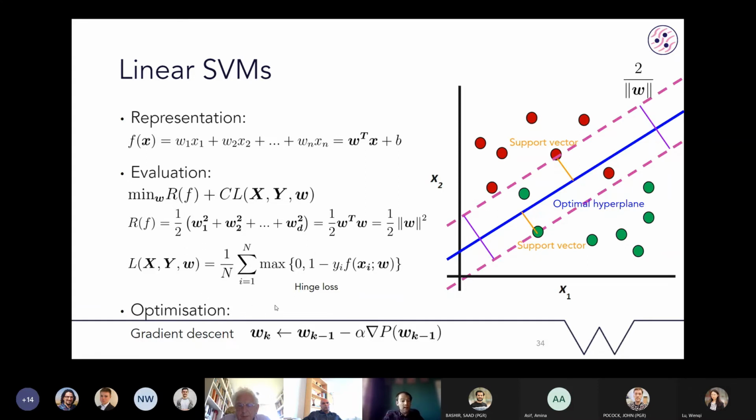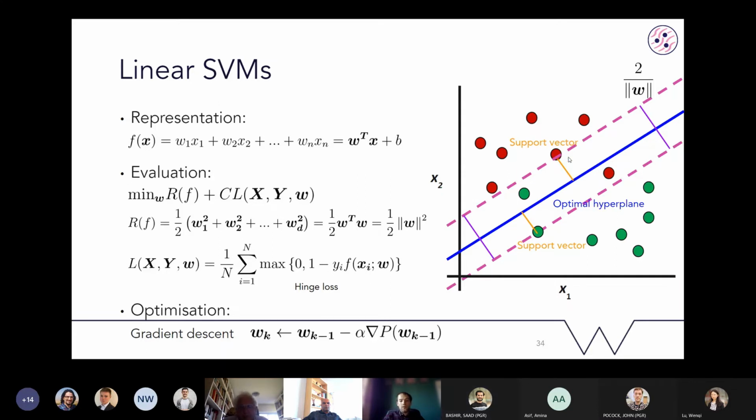In terms of our loss function, it's simply the hinge loss, so it's the maximum between 0 and 1 minus y_i times f of x_i. If we look at all these red cases that are above the line where f of x is equal to 1, take this particular one here at the support vector. It has a class of y equals +1, f of x_i is equal to 1, so 1 minus 1 times 1 is 0.